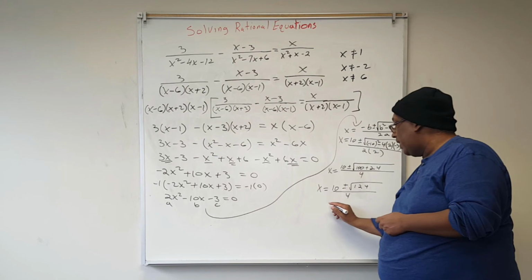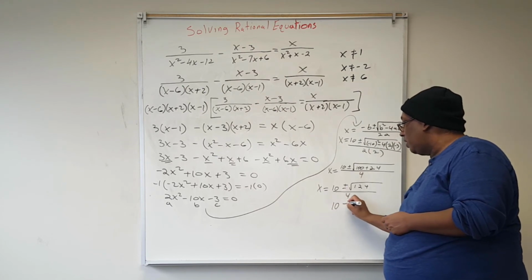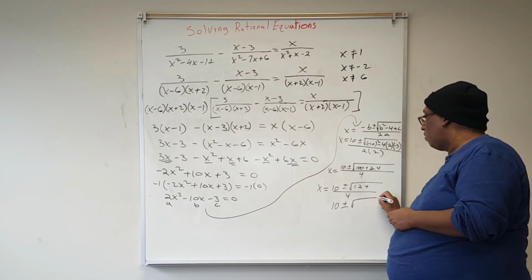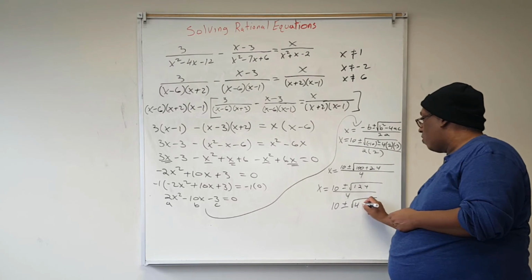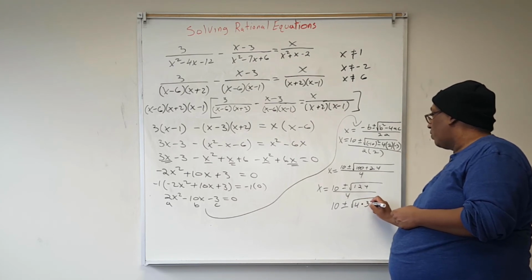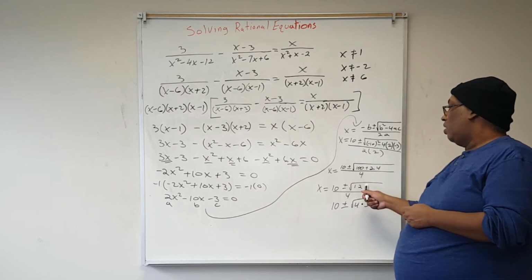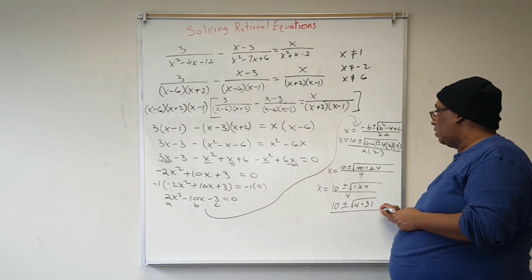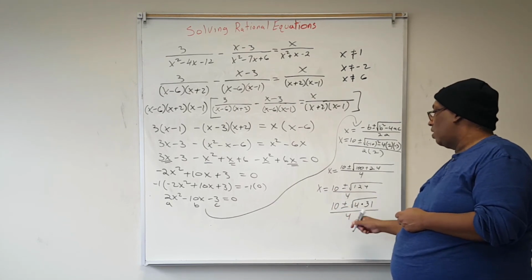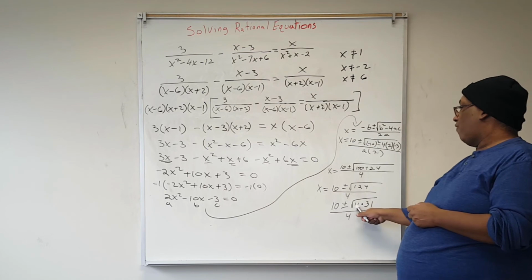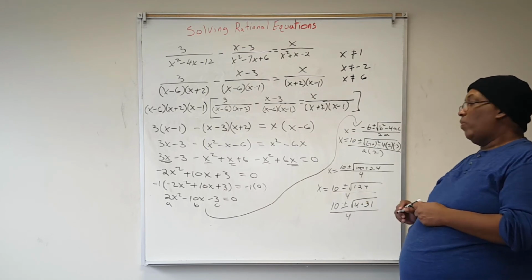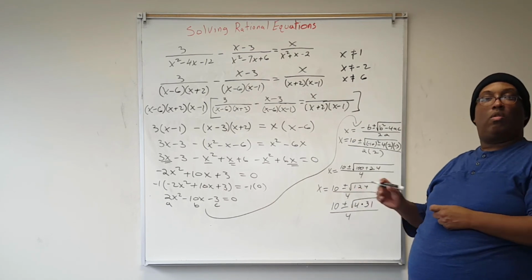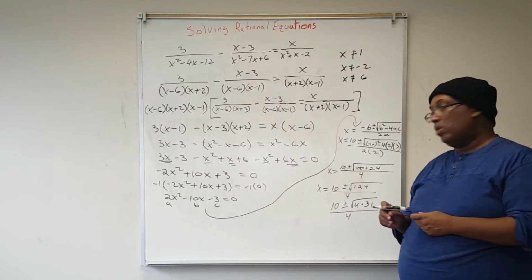So let me do that and say 10 plus minus square root 4 times 31 all over 4. 4 times 1 is 4, 4 times 3 is 12. We can take the square root of the 4, it factors out.